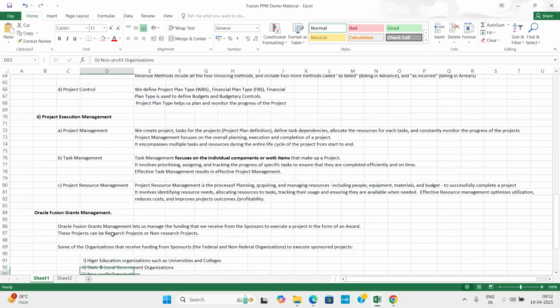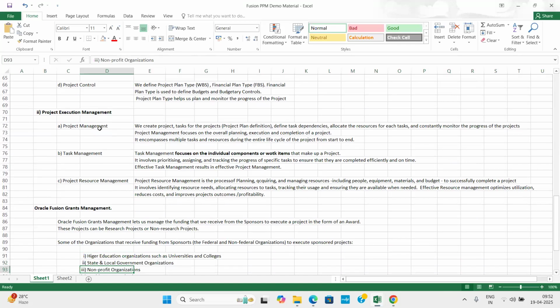So now project execution management will come under this also. You will have three applications, or functional areas you can call them, in this offering, like project management. We create project tasks for the projects. The project is nothing but a combination of several tasks; you split the project into different tasks. Project plan definition, that's called project task.